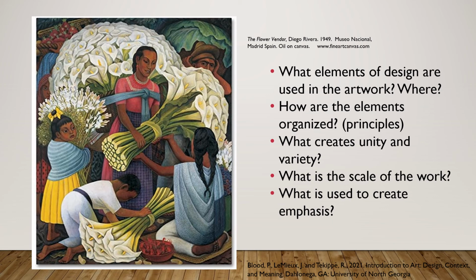Not everything is the same shape. The scale of the work: the figures in the painting take up most of the space. There's not a lot of negative space around. And the emphasis to me is the lady in the middle with the calla lilies that's strapped to her.